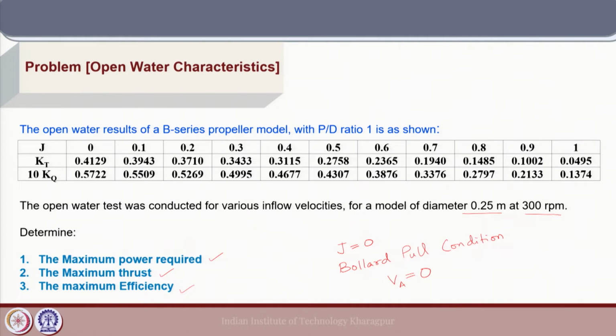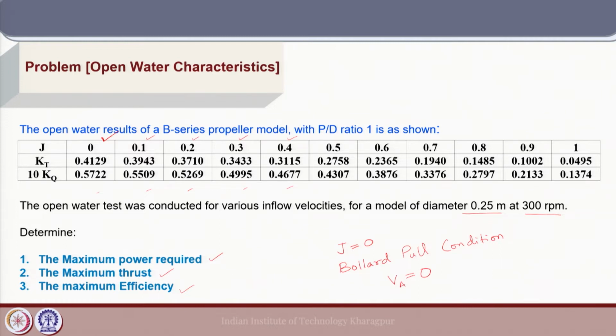Here also from the given table we can see that as J increases, the values of kT and kQ gradually decrease. So, the highest values of thrust and torque are at the point where J is 0 in the Bollard pull condition.